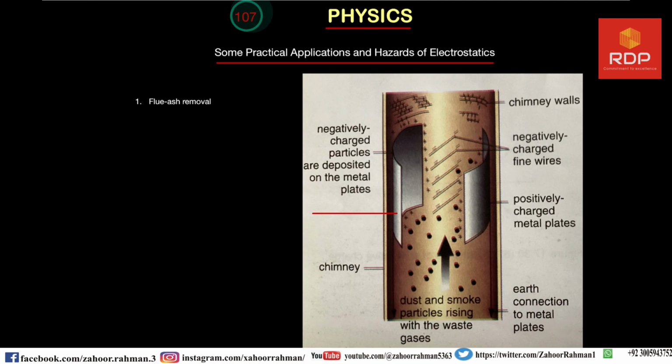The plates are then mechanically shaken to remove the ash, which is collected and used as a byproduct. The electrostatic precipitation technique is also important in steel, cement, and chemical industries with the release of large quantities of flue gases.